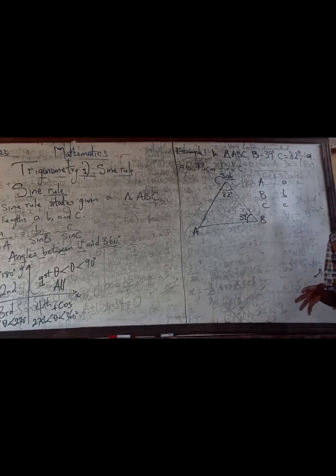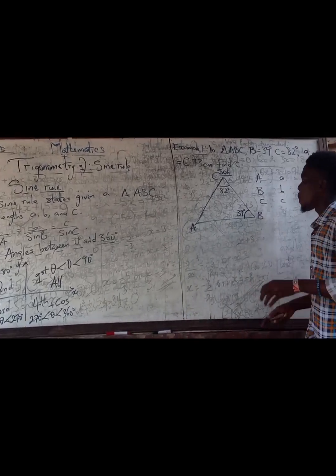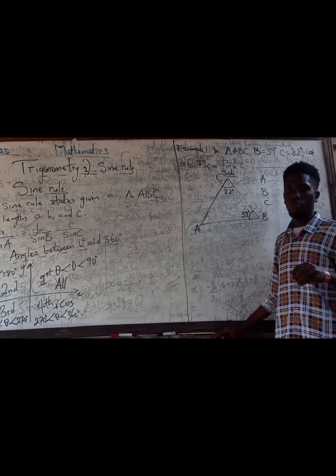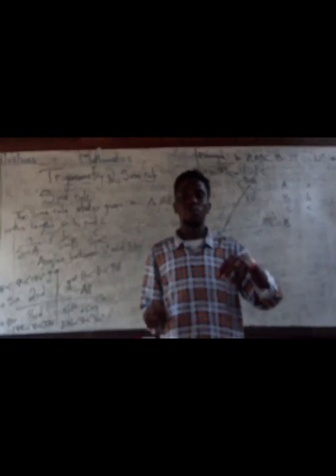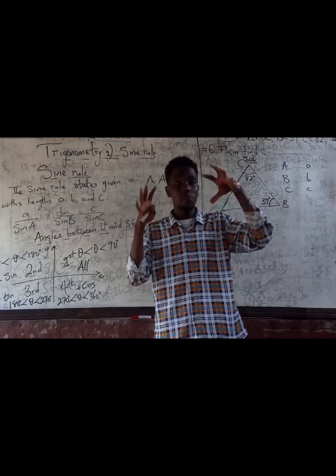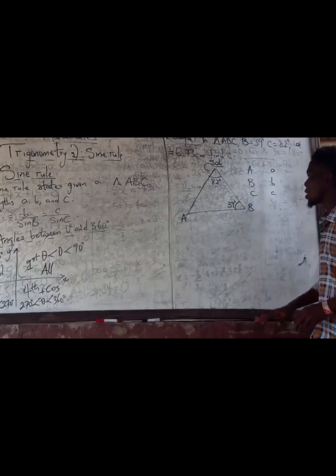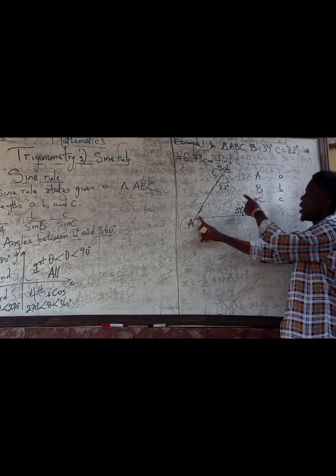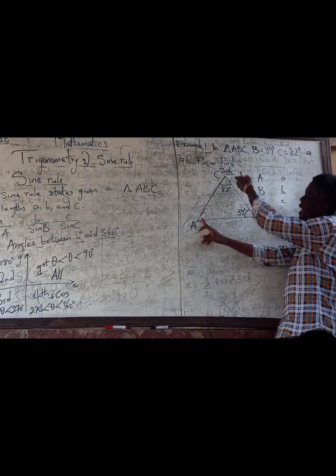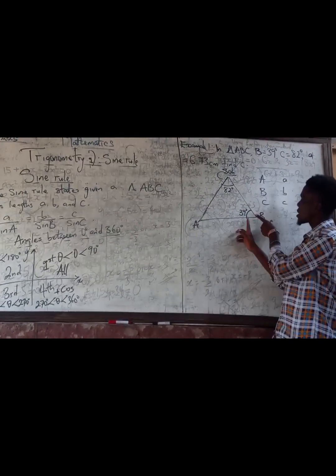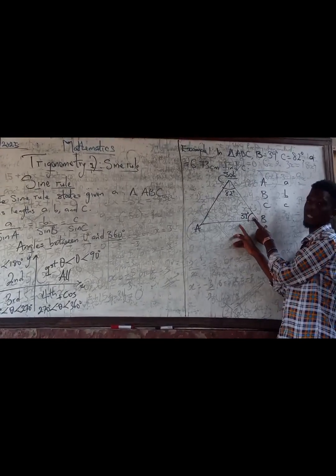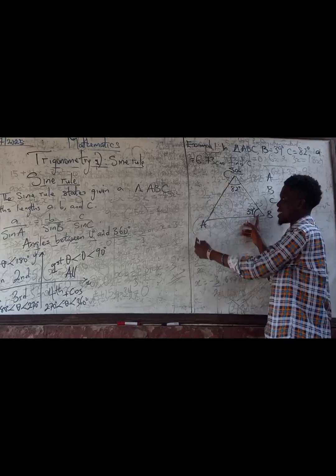Now, this is another thing I have to establish. Whenever you are given an angle, the length is always directly opposite the angle. This is what I mean by that. If this is angle A, this is length a. So the length is always directly opposite its angle. If this is angle B, for instance, obviously this will be length b.